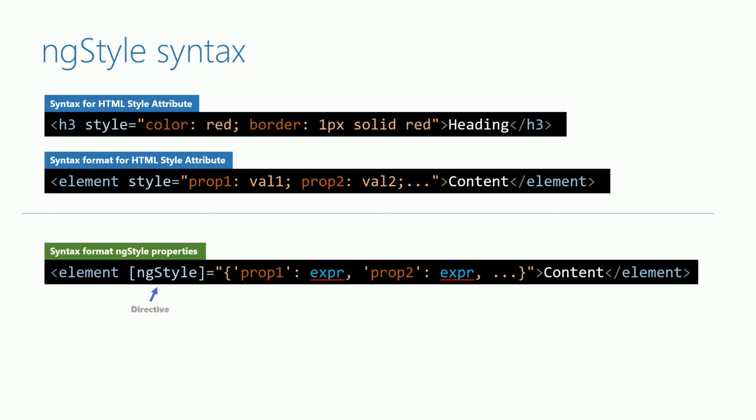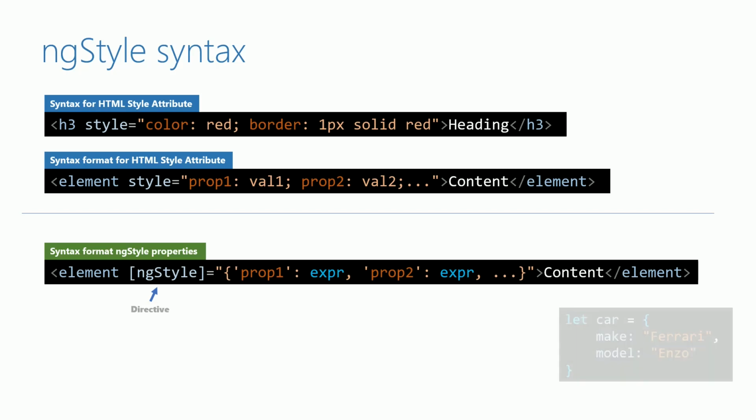Apart from the similarities we have seen so far in the ngStyle syntax, we also see some differences. Let us go through them one by one. Angular wanted the ngStyle value to be represented like a JavaScript object so that it provides the flexibility to include the properties and values dynamically.